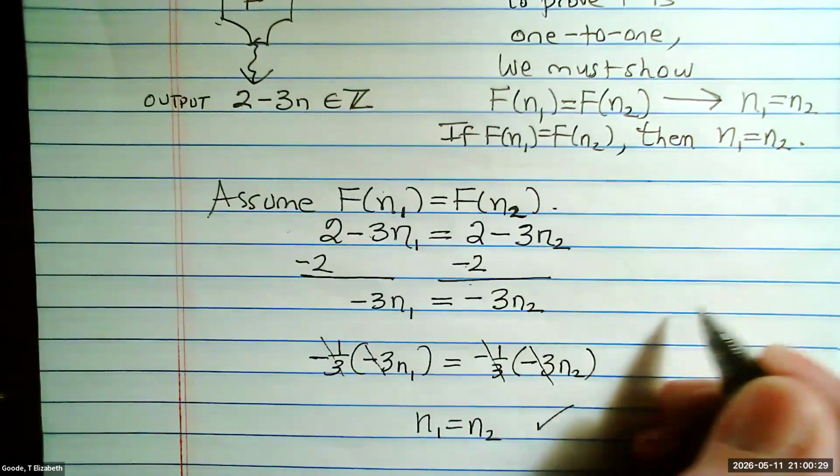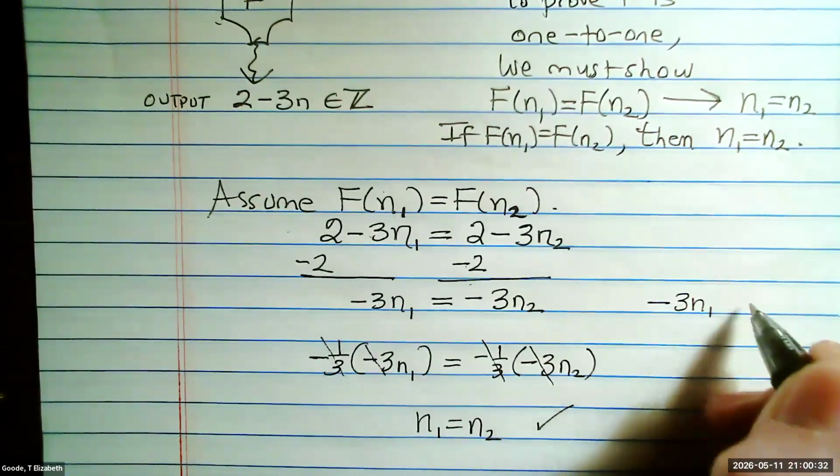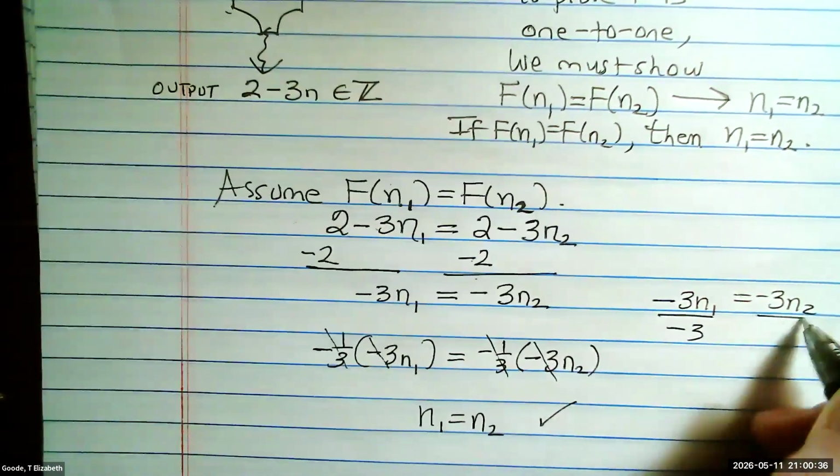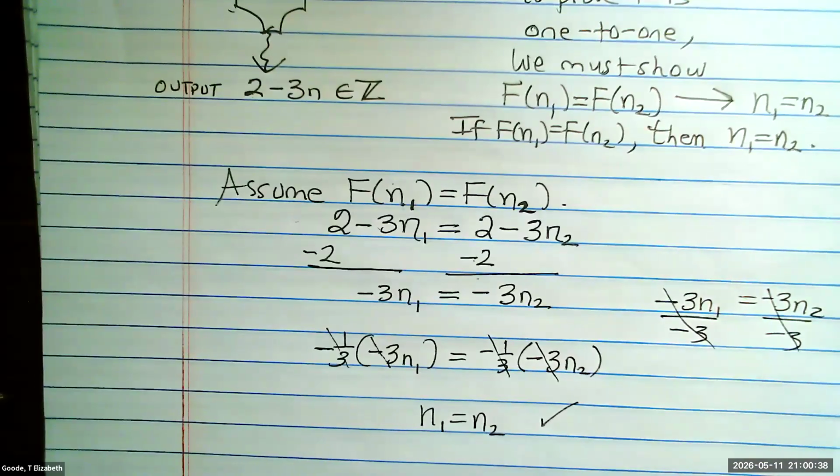Can we divide by negative? Sure. If you have negative 3 n1 equals negative 3 n2, you can divide both sides by negative 3, and it's the same result.